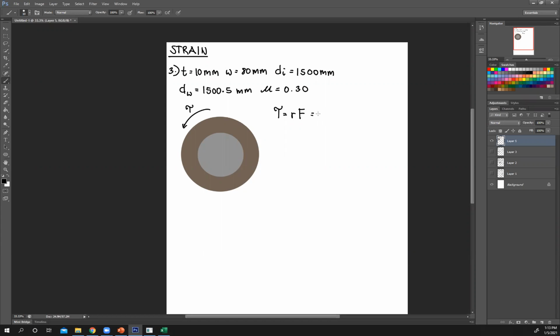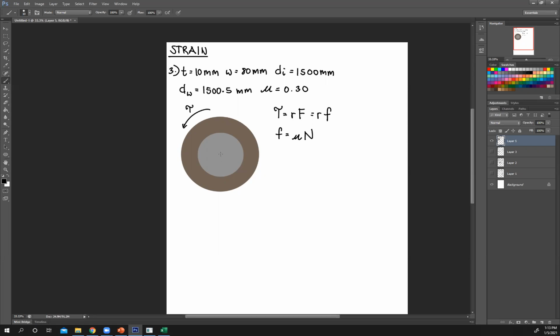So F is just your frictional force. So we're looking for frictional force. And remember, based on your physics class, frictional force is just mu N. Mu is given. Now I just need to find N. And N is the normal force. It's the force perpendicular to the surface of two objects in contact. And the objects in contact are your wheel and your tire.